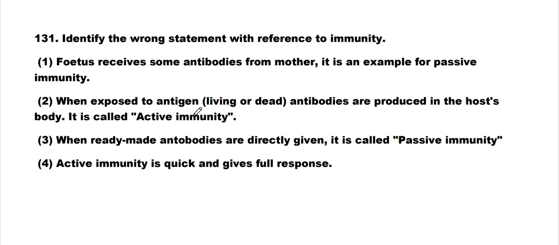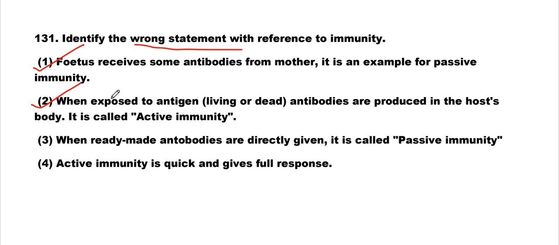Question number 131. Identify the wrong statement with reference to immunity. Fetus receives some antibodies from mother. It's an example of passive immunity, correct? When exposed to antigen, antibodies are produced in the host body; it is called active immunity, correct? This is what happens in diseases like smallpox.